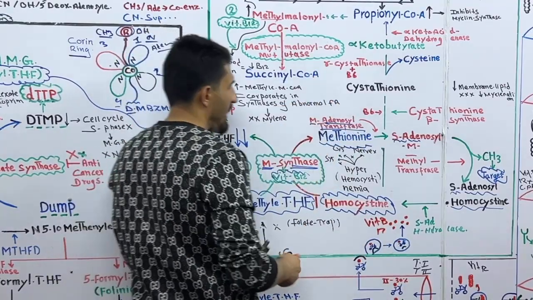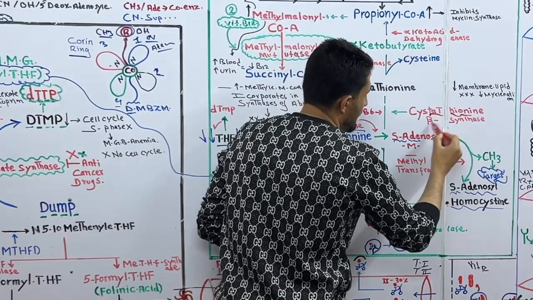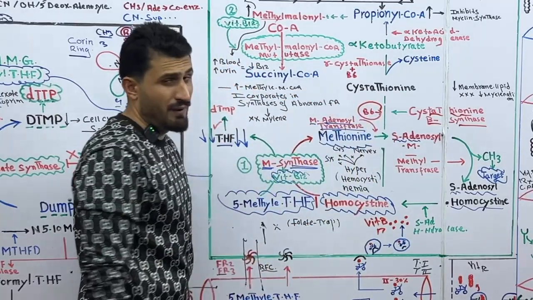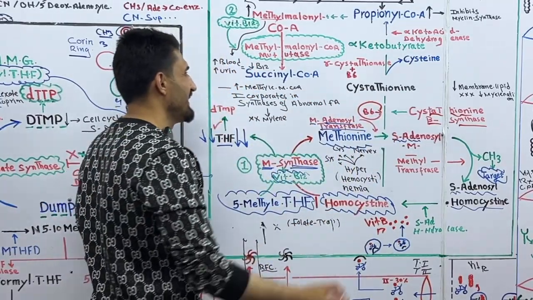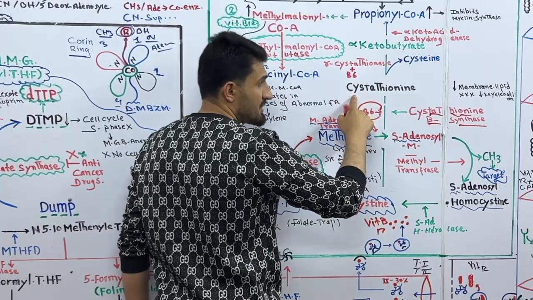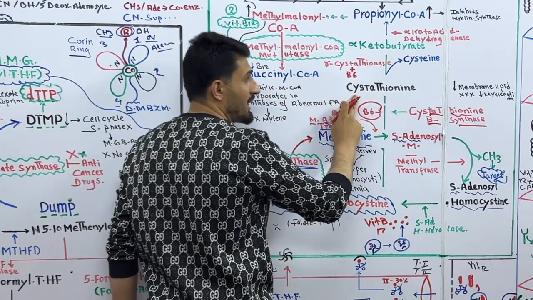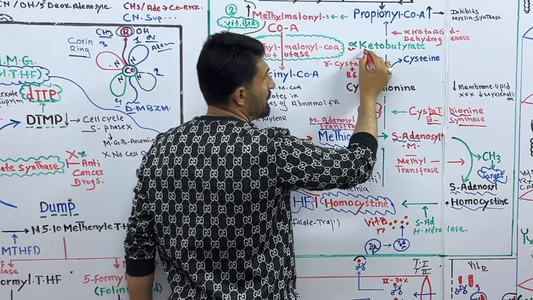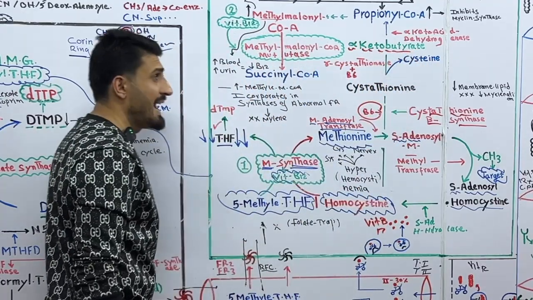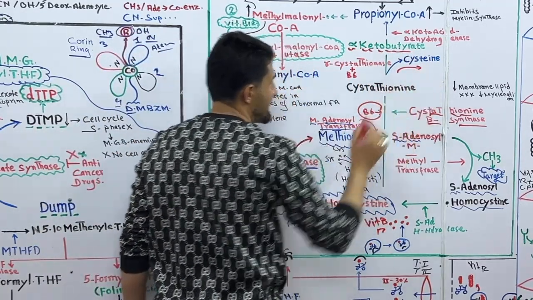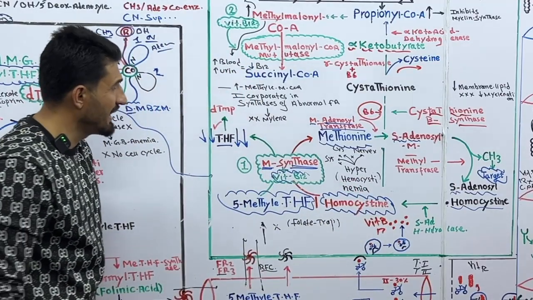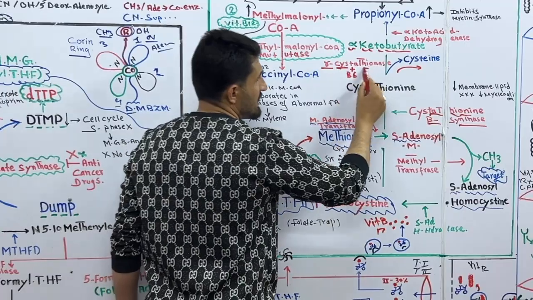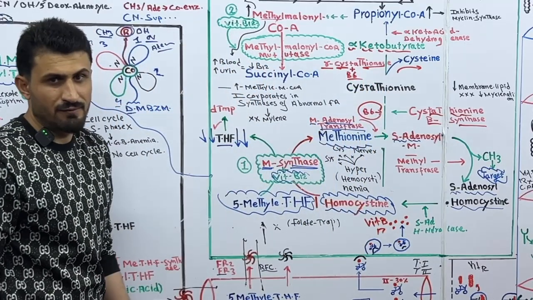The enzyme is called cystathionine beta synthase, and the cofactor here is vitamin B6 or pyridoxine. Now, this is very important, listen to me carefully. We will convert cystathionine to another product which is called alpha ketobutyrate, and also to an amino acid which is called cysteine. In this process the enzyme is called gamma cystathionase plus vitamin B6.